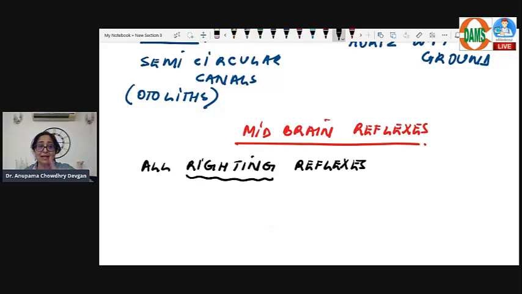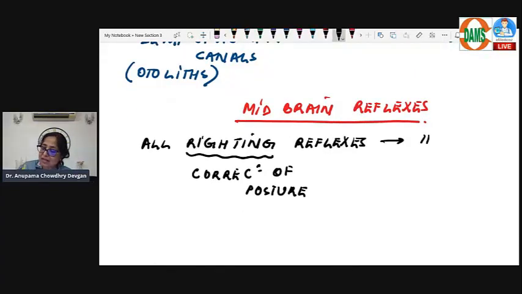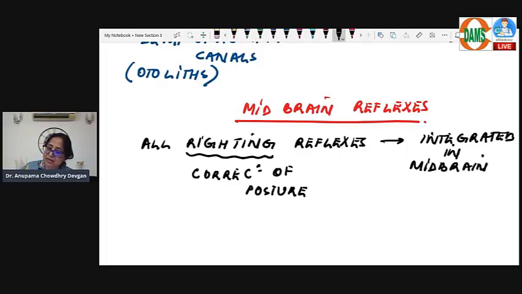Please pay attention to the spelling. This is R-I-G-H-T-I-N-G. Righting means righting of posture, correction of posture. All righting reflexes are integrated in the midbrain, except the visual righting reflex.